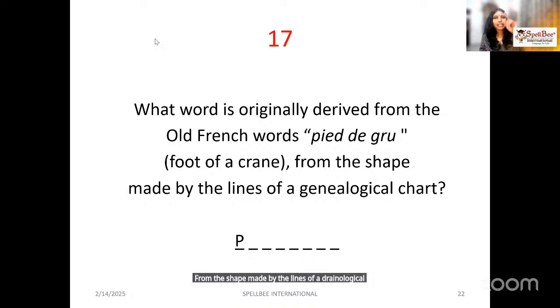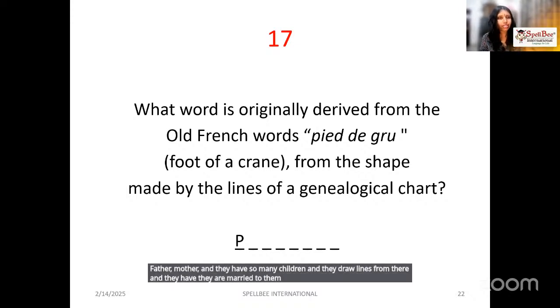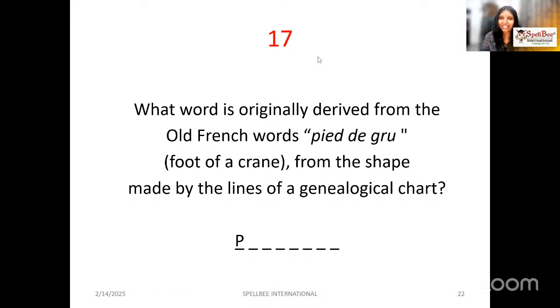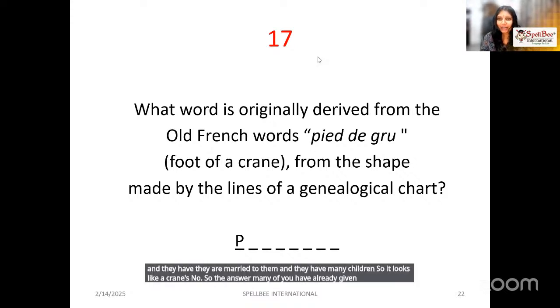Like when they draw father, mother, and they have so many children, and they draw lines from there, and they are married to them, and they have many children. So it looks like a crane's foot, no? So the answer, many of you have already given. I'm very happy to see.